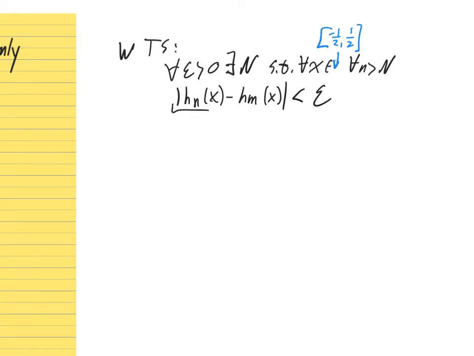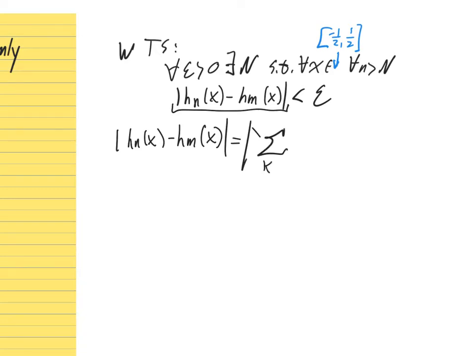So let's try to do some scratch work. Let's try to analyze the absolute value of h sub n of x minus h sub m of x. Well, I have a formula, right? h sub n of x is the sum from k equals 1 to n of x to the k divided by k, minus h sub m of x.